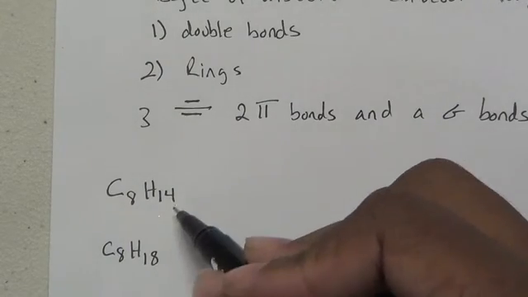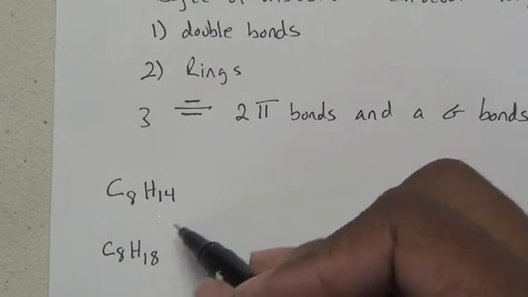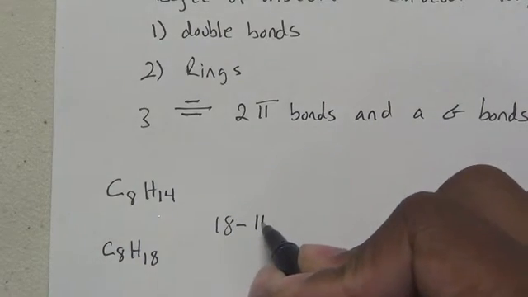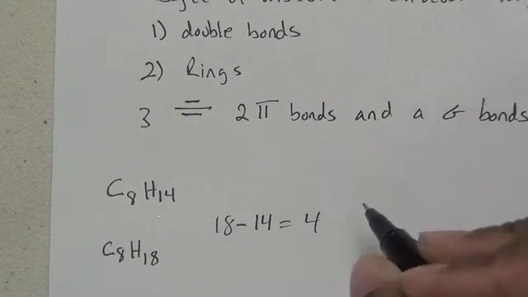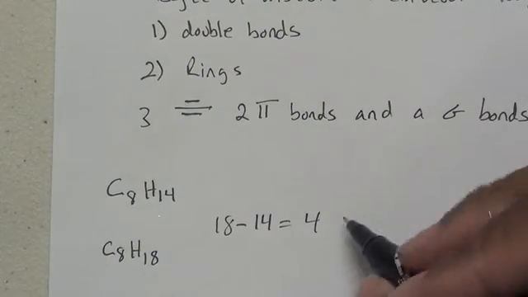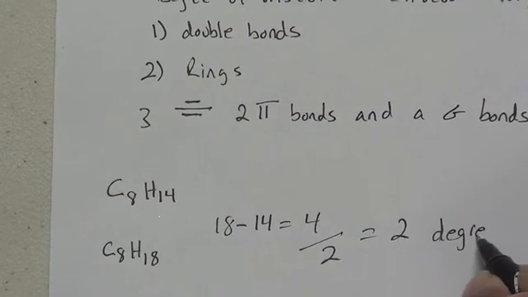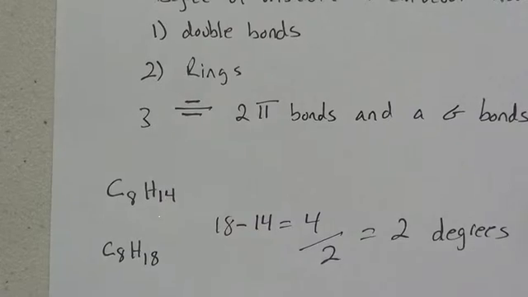Well, this number and this number are different, so that means we must have some degrees of unsaturation. Okay, so 18 minus 14 equals 4, and we always find degrees of unsaturation by taking this difference and dividing it by 2. So that gives us 2 degrees of unsaturation.